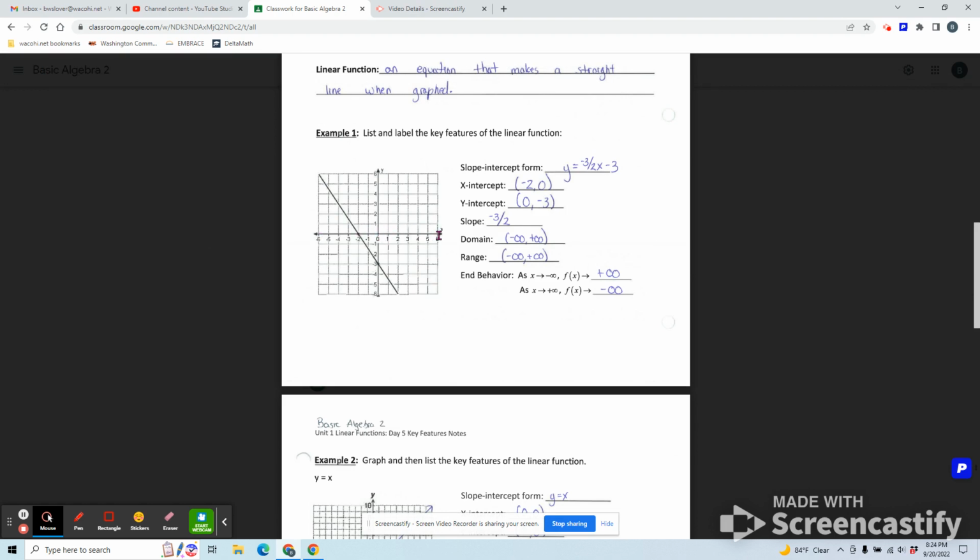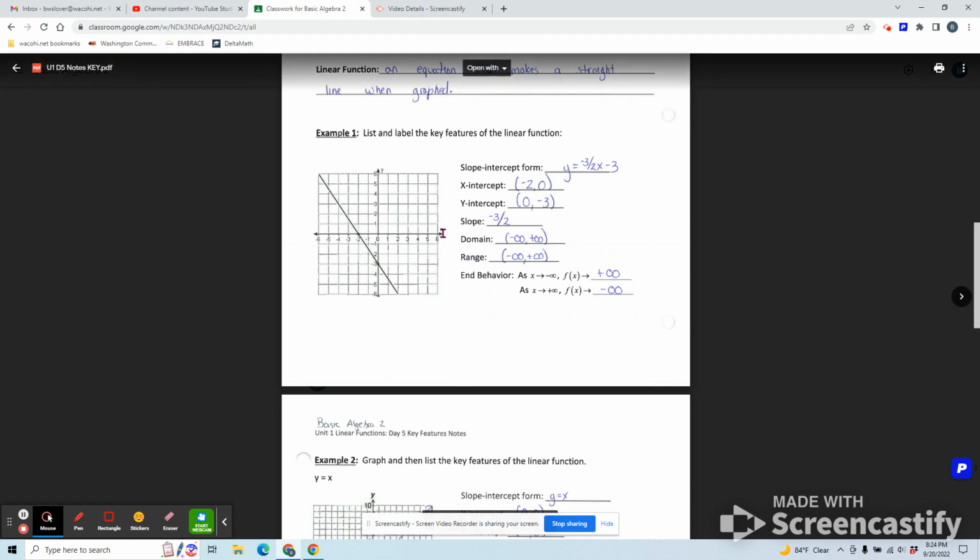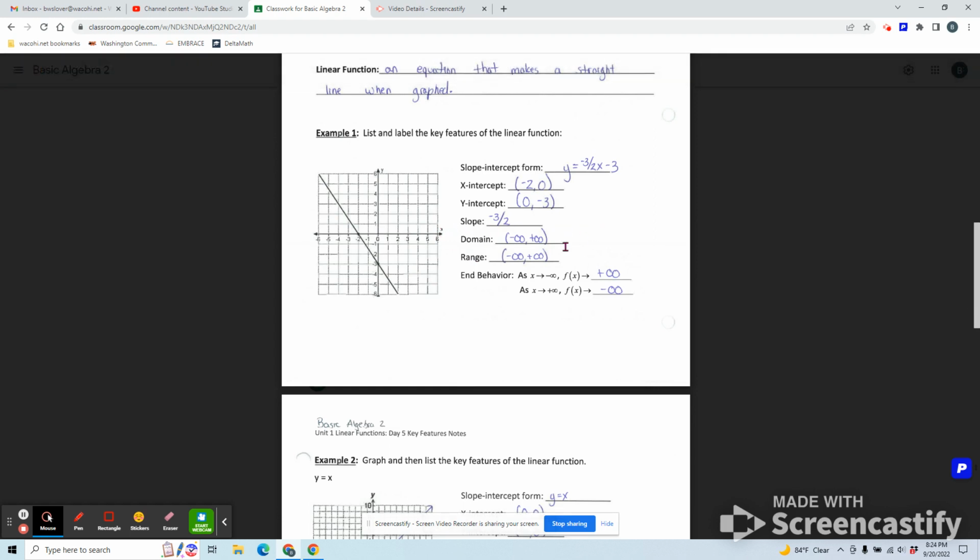And I do the same thing going the other way. So x is positive infinity. Will my graph exist? And the answer is yes. I can have a number way over here on my x-axis, and I'll have an x value that intersects my line way down here. That's okay.